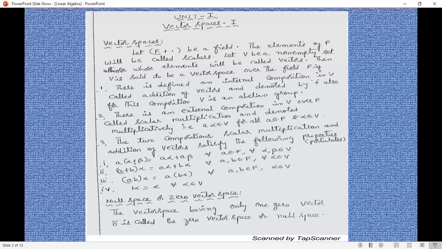Second, a alpha belongs to V for all a belongs to F and alpha belongs to V. And third, it satisfies the following scalar multiplication properties: a(alpha + beta) = a alpha + a beta, and (a + b) alpha = a alpha + b alpha. (ab) alpha = a(b alpha). Last one is 1 · alpha = alpha.